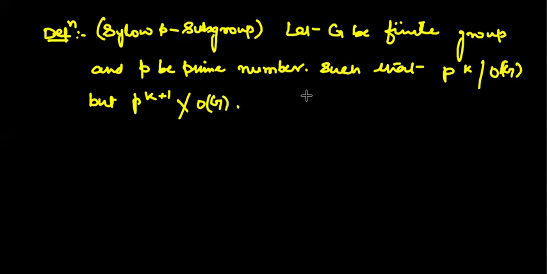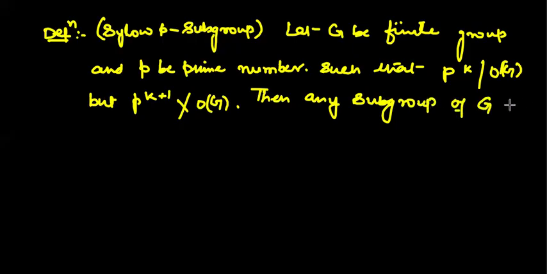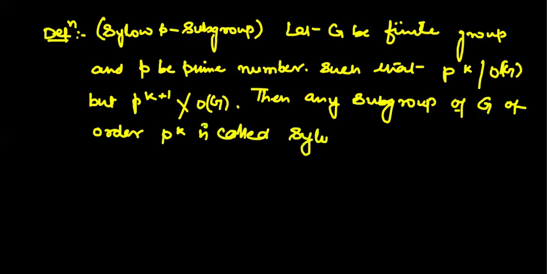Then any subgroup of G of order p raised to power k is called a Sylow p-subgroup.